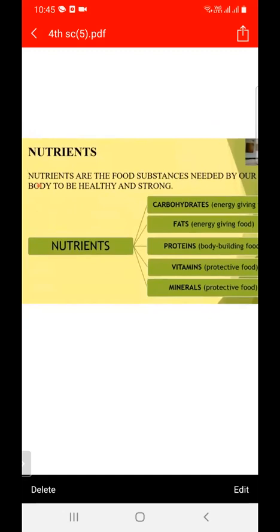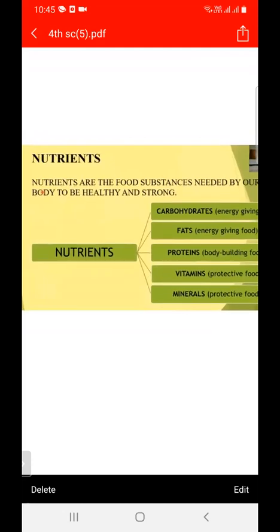Protein is body building food, and vitamins and minerals are protective foods.